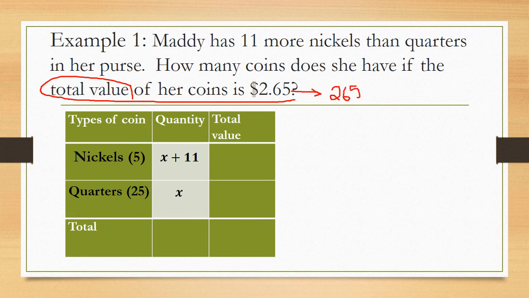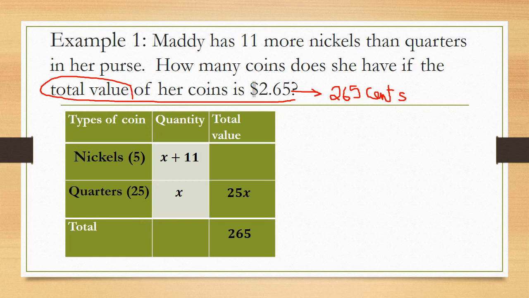So I'm going to put this number in the total value of the money, which is right here. Now, since the total value is in the total value column, I'm going to have to find the total value of the nickels and the total value of the quarters.